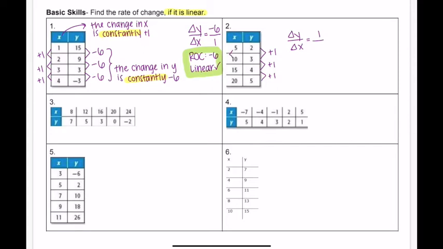So from 5 to 10, that's +5. 10 to 15 is +5. And 15 to 20 is +5. So our change in x is +5. So since these values changed constantly, that makes this a linear function.